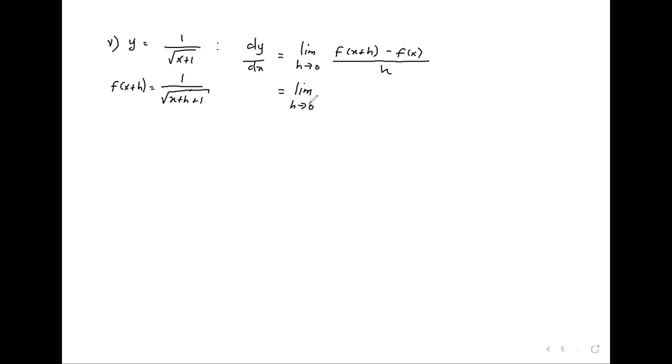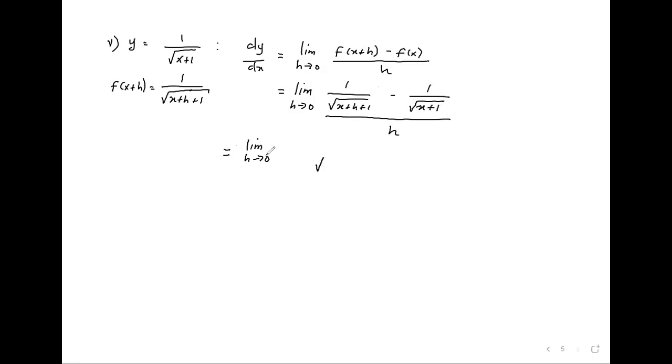H is still going to 0, 1 over the root of x plus h plus 1 minus 1 over the root of x plus 1, everything divided by h. So we have the limit as h goes to 0.